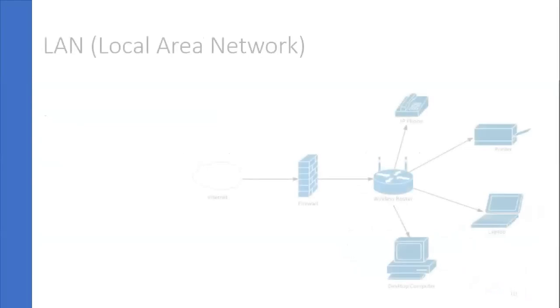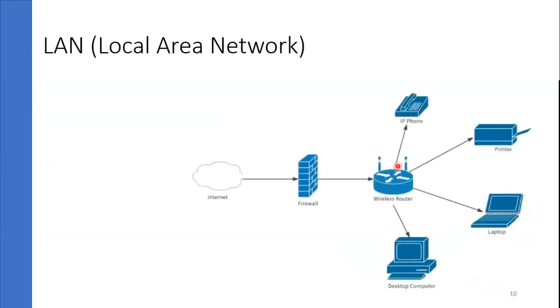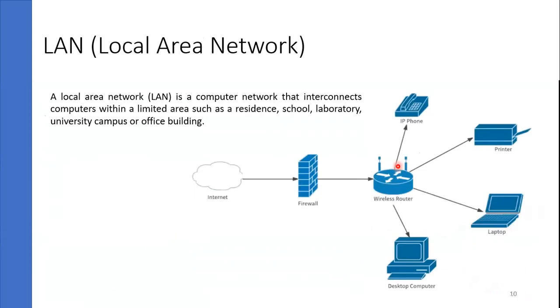And LAN is a little bit larger than PAN. LAN is a computer network that interconnects computers within a limited area, such as a residence, school, laboratory, university campus, or office building, wherever.